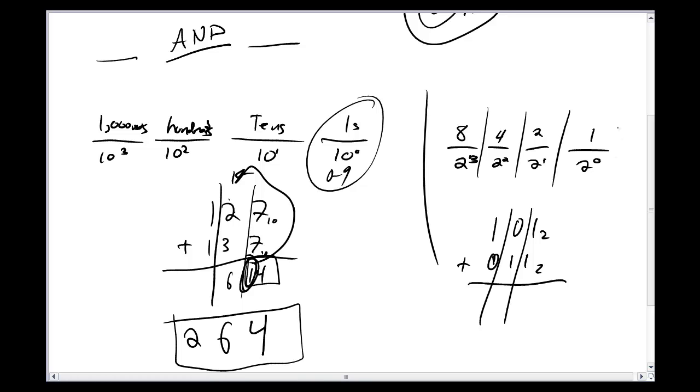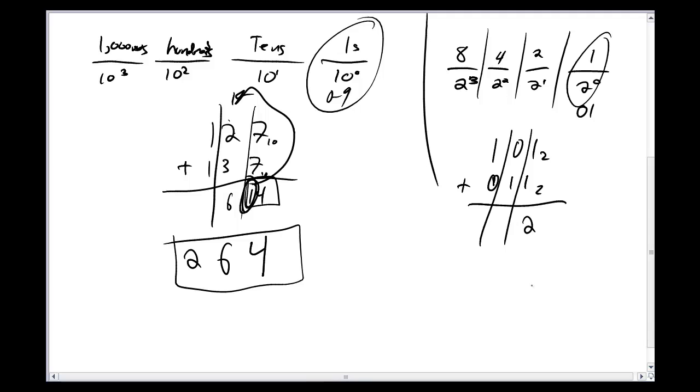Remember, 2 doesn't fit in this first column, only 0 or 1 goes there. So I can't take a 2 in this column. Instead, I'm left with nothing in this column and an extra 1 in the 2's column. I add 1 and 1 and again get 2, which again gives me 0. I have to move things over to the left.